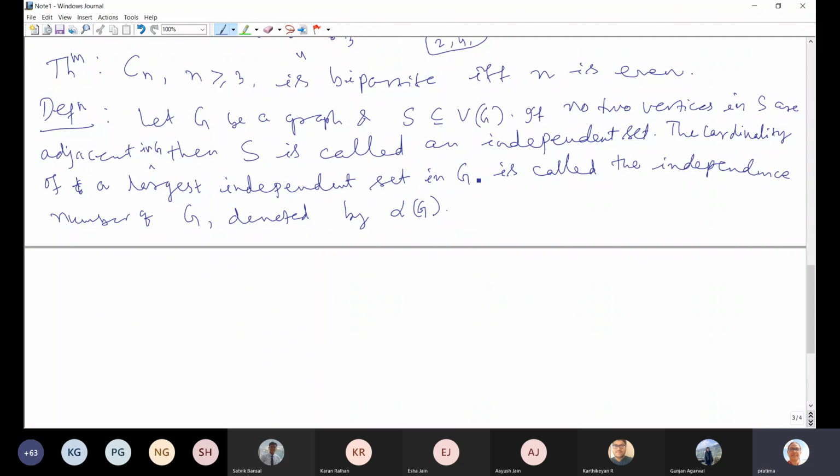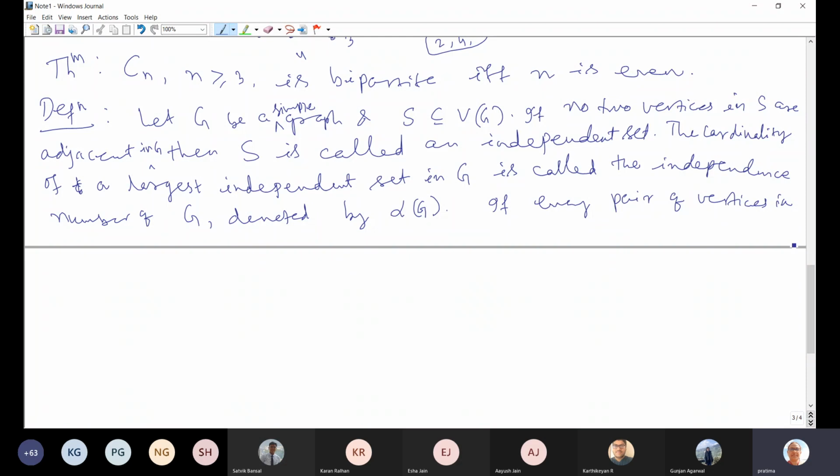If no two vertices in S are adjacent, we say that S is an independent set. If every pair of vertices in S were adjacent, then that is called a clique. Let G be a simple graph, because we are not considering self loops or parallel edges.